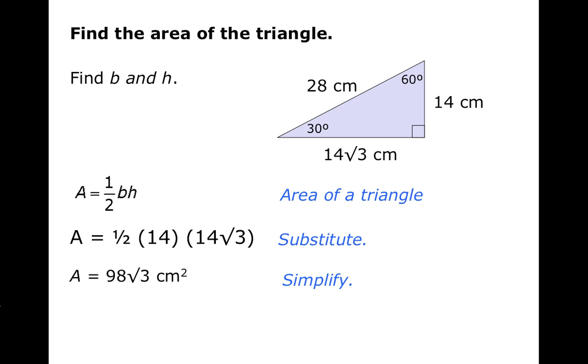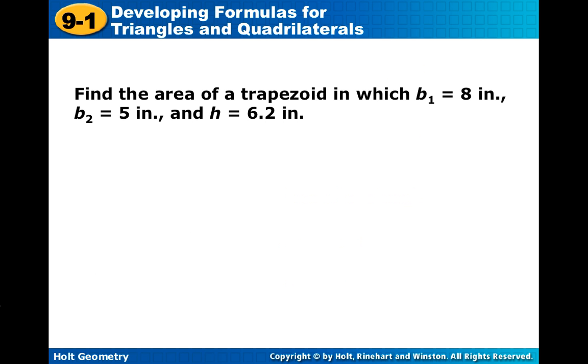No? Okay, let's try another. Find the area of a trapezoid. First base is 8 inches. Second base is 5 inches. The height is 6.2 inches. Use your correct order of operations.